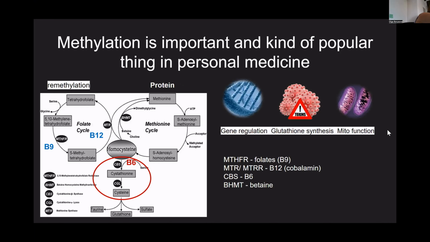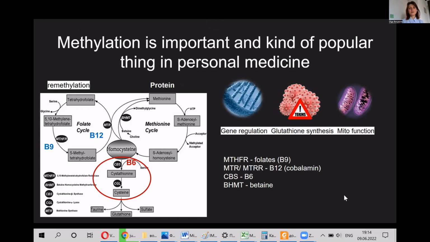So methylation, what is that? What are the methylation genes, folate metabolism genes? If you're interested in longevity, personalized medicine, you can hear about that. It's a very important cycle in our organism, which makes possible some chemical changes, and it includes methionine metabolism, methionine to homocysteine conversion. And if these methylation processes don't work appropriately, it can lead to several pathologies.